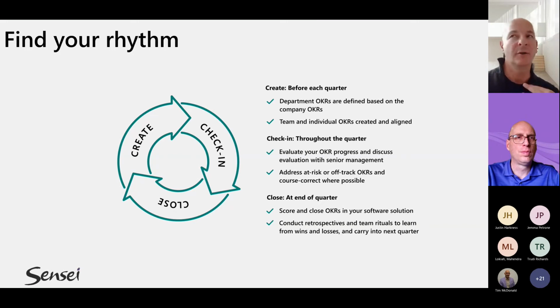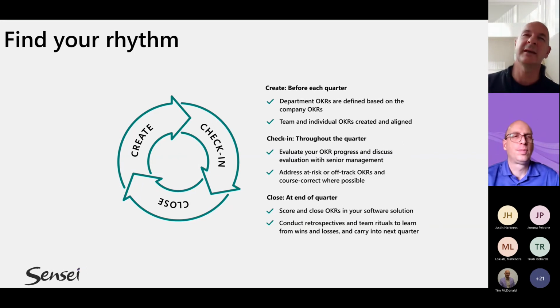So, for example, before each quarter, you start to create your OKRs that are either departmental or team OKRs, which are then broken down into initiatives and projects. You need to keep checking in throughout the quarter, either through meetings or gatherings, but visualization is super important. Again, visibility, providing that granularity, things like Viva Goals or IQ enable you to view the progress.